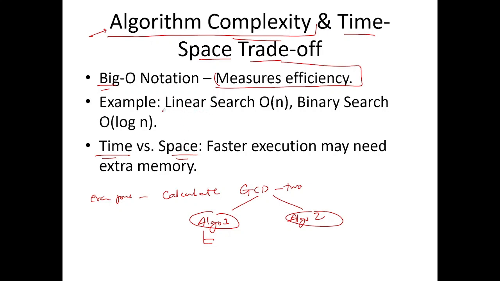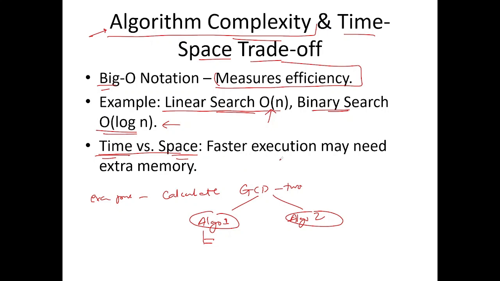Now if you look at linear search, it has a complexity of order n, and binary search has a complexity of order log n. I'll be explaining why it is order n and why it is log n. I said there are two types of complexities: time complexity and space complexity.